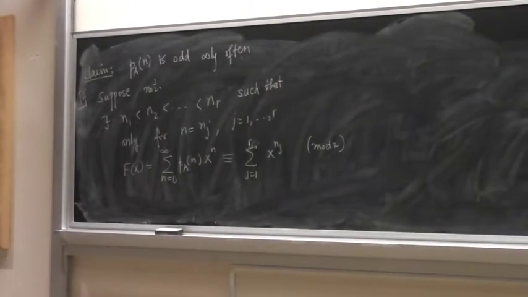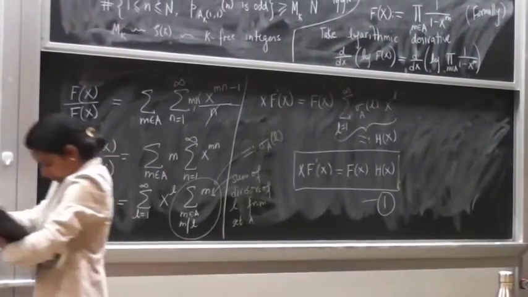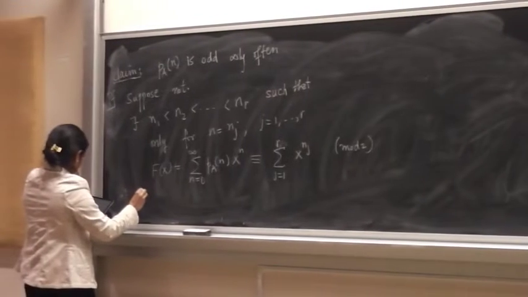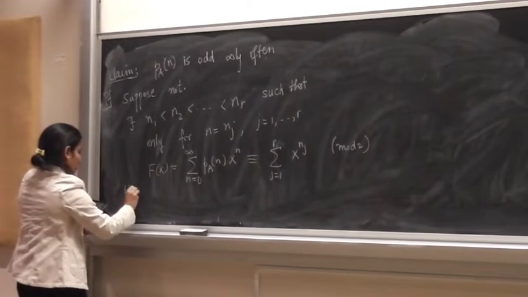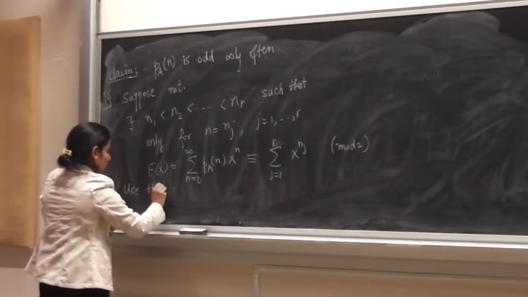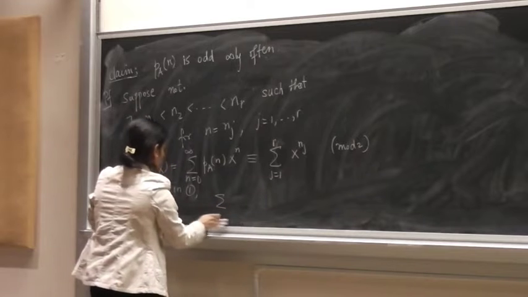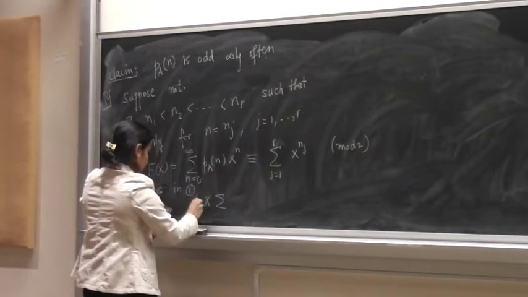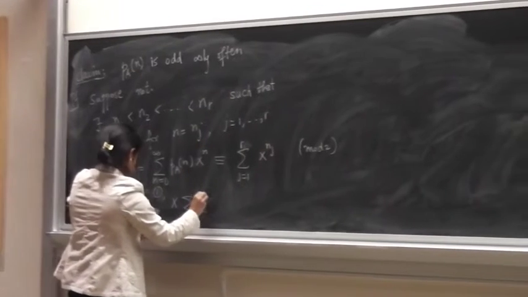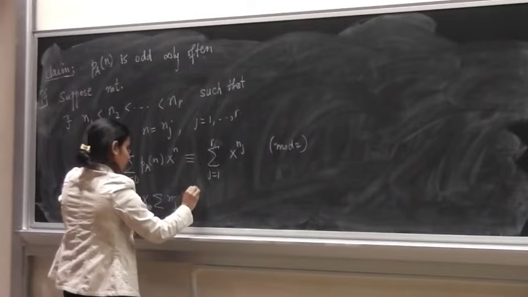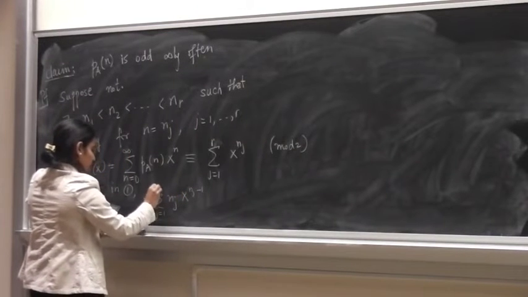Let me just name it 1. So use this in 1 to get summation. So you have this x and j, because I'm differentiating f. So I get n_j x to the power n_j minus 1, j going from 1 to r.